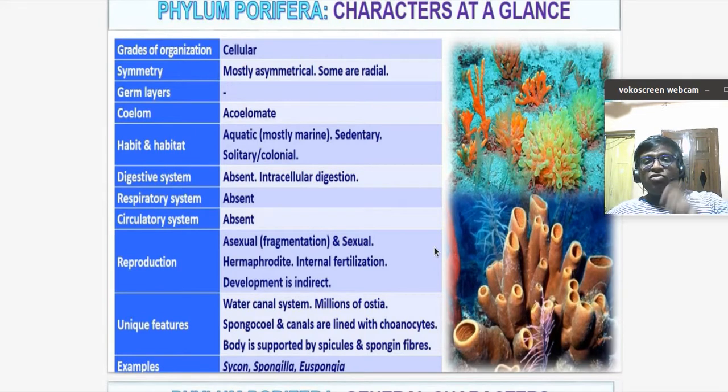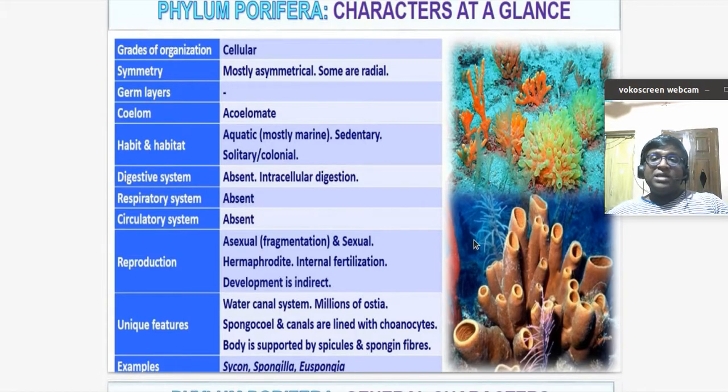They have millions of pores on them. These small openings or pores on the body of Scypha we call ostia. The osculum is found at the anterior region, a large opening. They have a single opening, which serves as both mouth and anus.